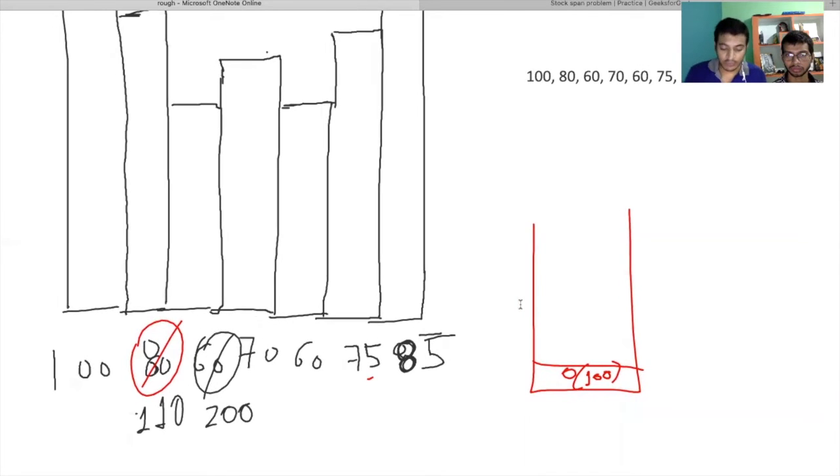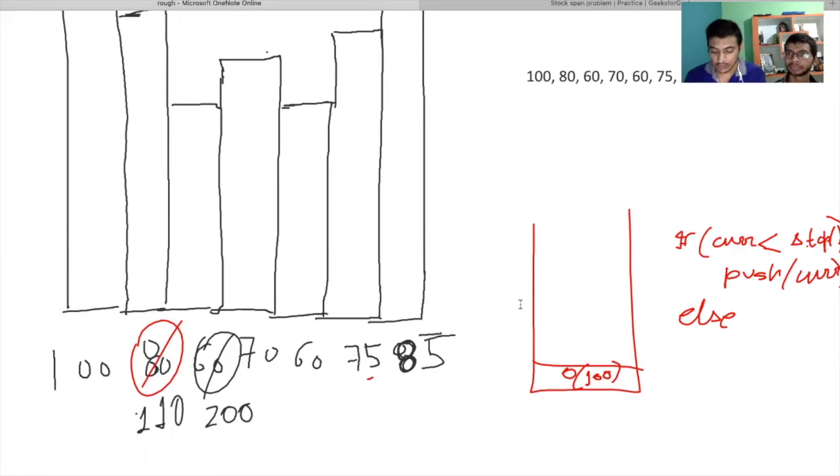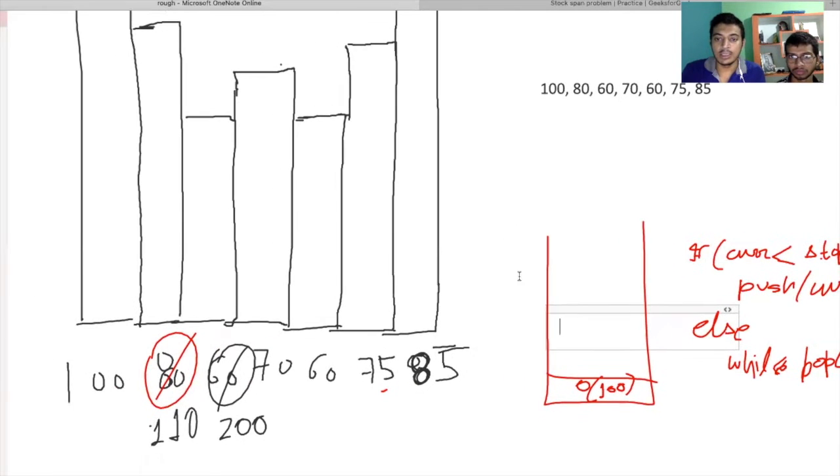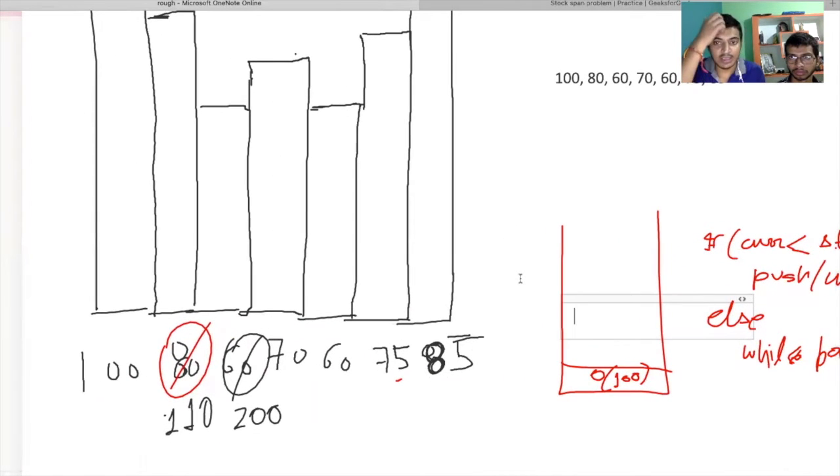So what we do: if the current element is less than the element at the top of the stack, then we push the current one. Else we start to pop elements out of the stack while the condition holds. I'll explain this concept in a while, but let's dry run and check how we develop this concept.